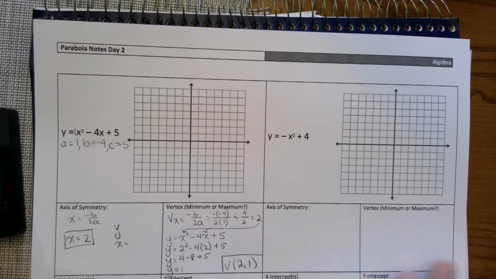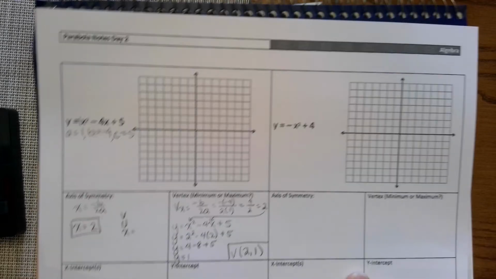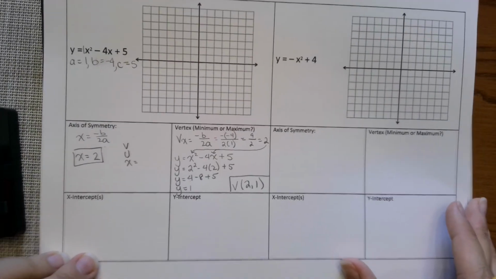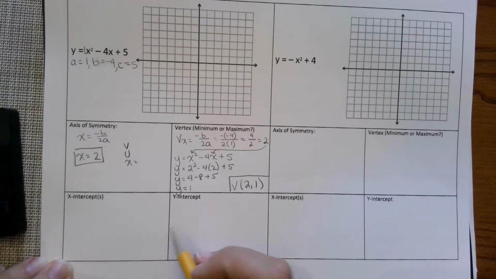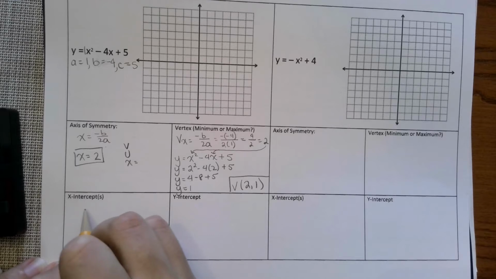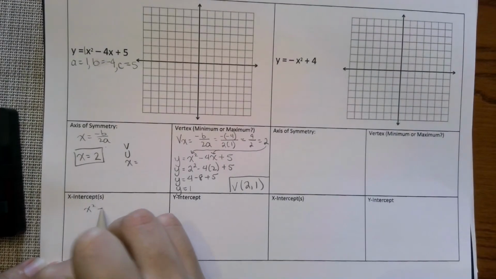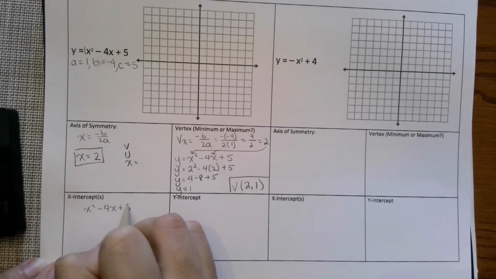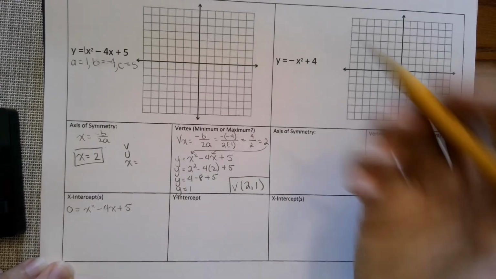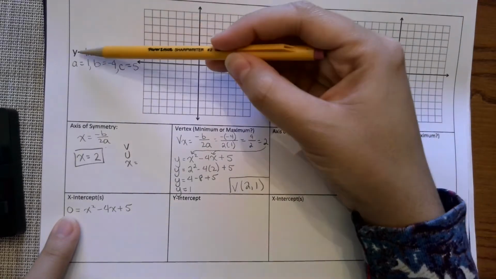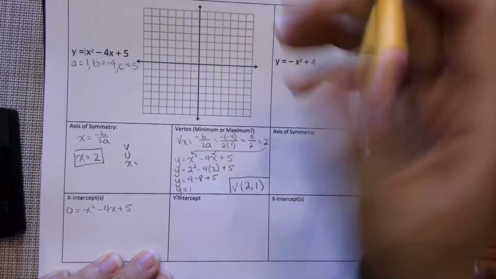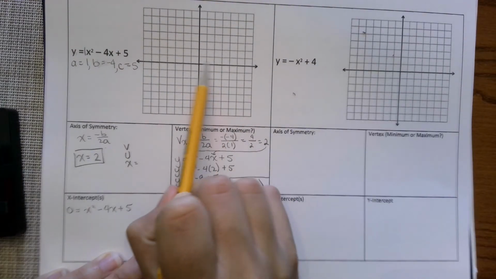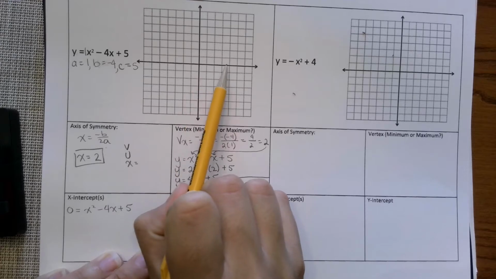Okay, so now we're at the point of finding the x-intercepts. To find the x-intercepts, what we do is we set our equation, x squared minus 4x plus 5, equal to 0. If you notice what's happening here, we're replacing y with 0. If you're anywhere on the x-axis, that means that the y value is 0.